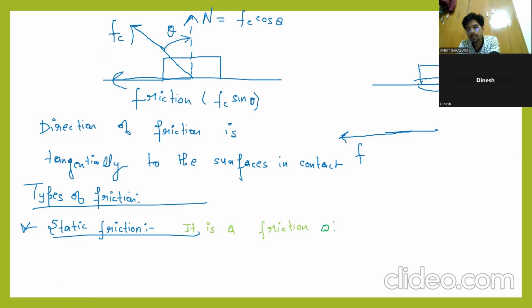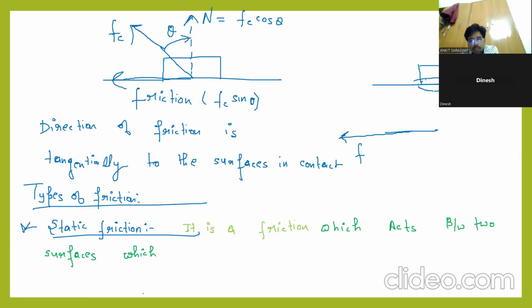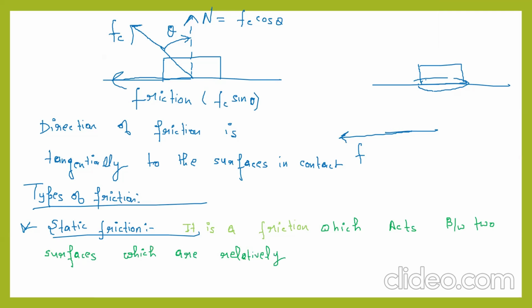Static friction is a friction which acts between two surfaces which are relatively at rest.